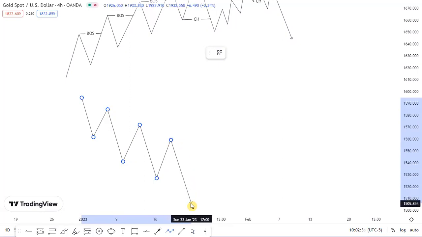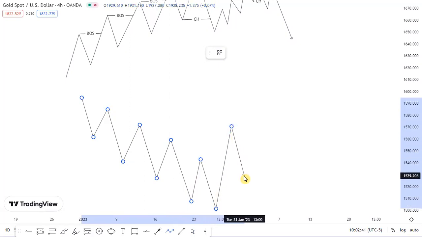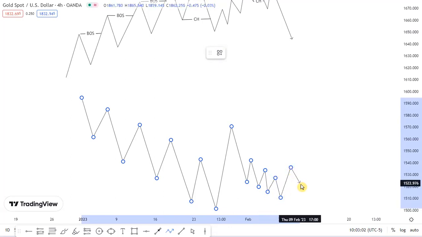So finally we have a false breakout and then a change in character. Before that change in character, we have these small moves, and then we have another change in character.